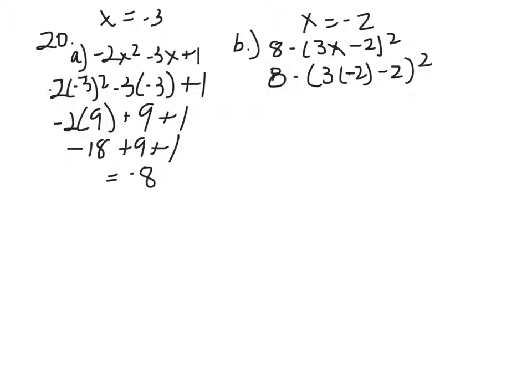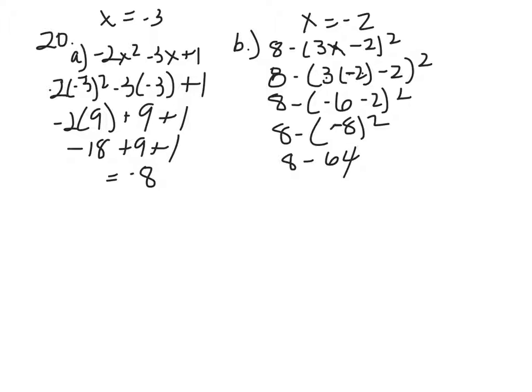Well, we have to do what's in our parentheses first because of PEMDAS, our order of operations. 3 times negative 2, negative 6 minus 2. Negative 6 minus 2. Negative 8 squared. I'll let you figure it out from there.